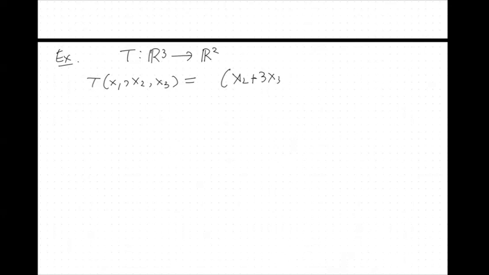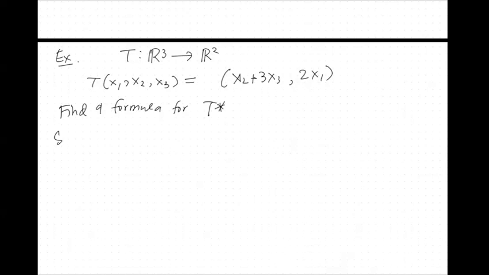For example, we have a map from R3 to R2, given by (x1, x2, x3) mapped to the ordered pair (x2 + 3x3, 2x1). Now, find a formula for T star, or the adjoint of T.